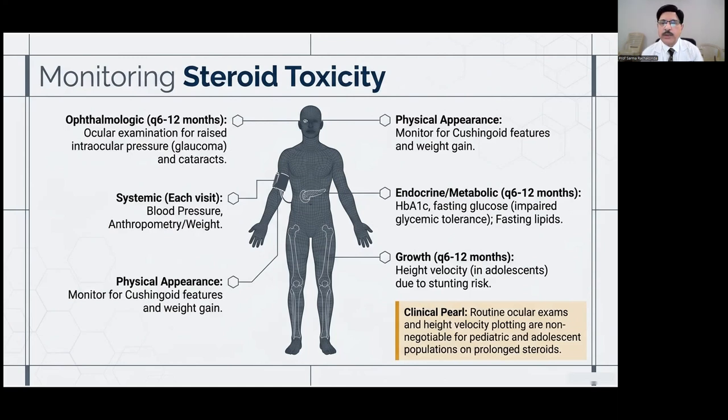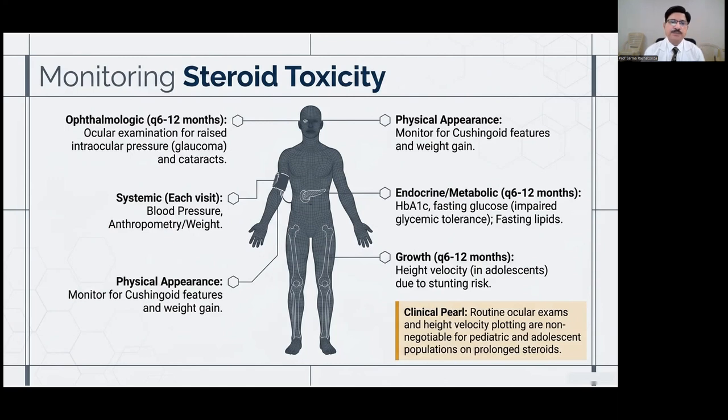Routine ocular examination and height velocity plotting are non-negotiable in the pediatric and adolescent population. What does that mean? Non-negotiable means must. Every pediatric and adolescent fellow, plot the height and weight. Height velocity plotting you have to do, and also ocular examination for what?